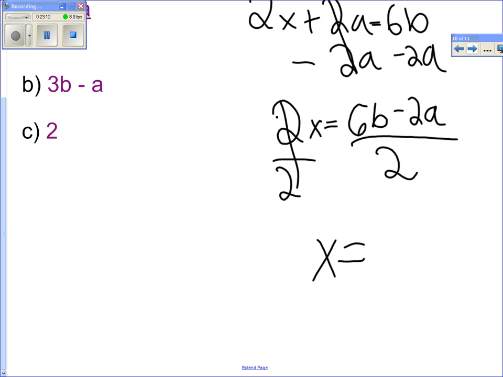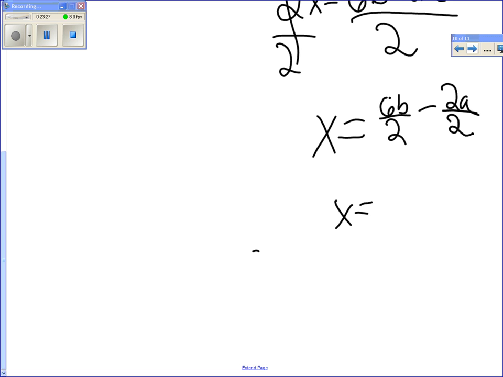So what I'm going to go ahead and do is just divide everything here by 2. So 6b divided by 2 minus 2a divided by 2. And what I'm going to be left with is x is equal to 6 divided by 2 is 3. We still have the b, minus 2 divided by 2 is just a.